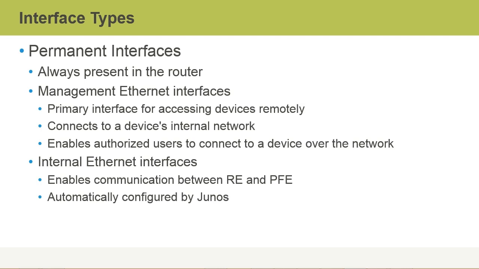The management Ethernet interface is the primary interface that we use for accessing the device remotely and administering that device. It connects to the device's internal network and enables the administrators to connect and perform their administration. The internal Ethernet interface allows communication between the routing engine and the packet forwarding engine, and it's automatically configured by the Junos device.